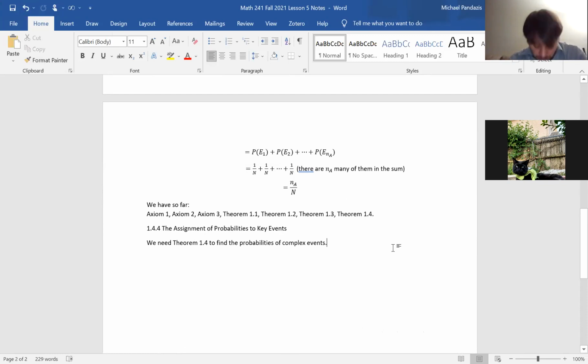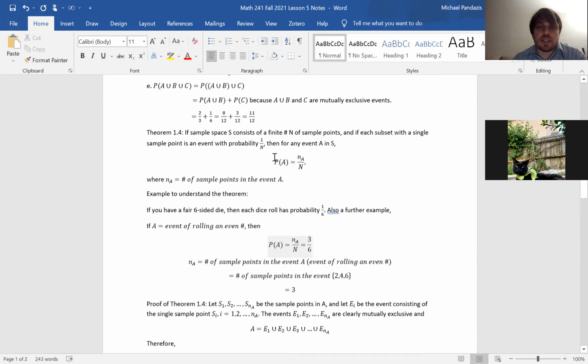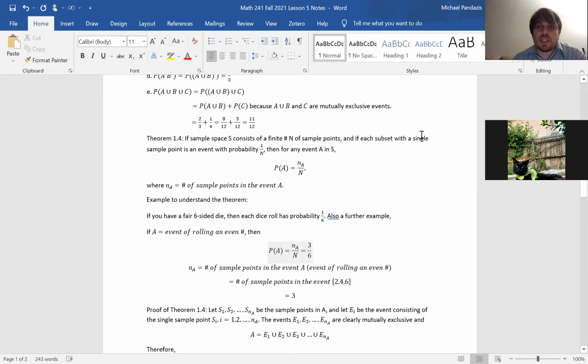But we can only do that if we have the probabilities of simpler events. So for instance, how do we know the probability of E1, a single sample point, is 1 over n? We're assuming here that each subset with a single sample point is an event with probability 1 over n.